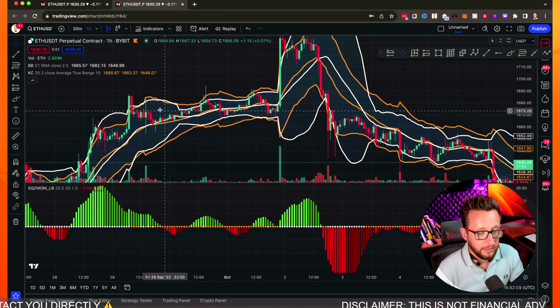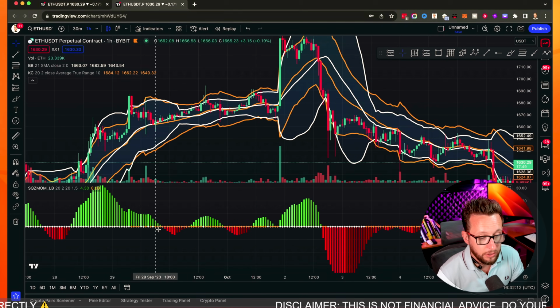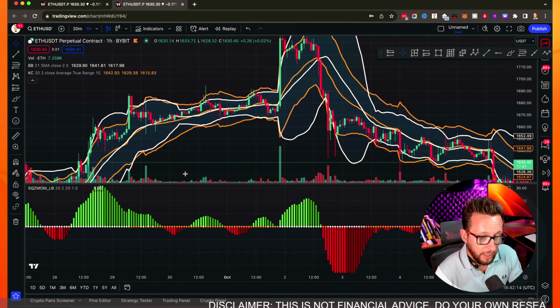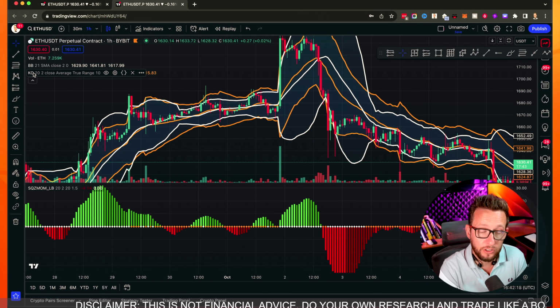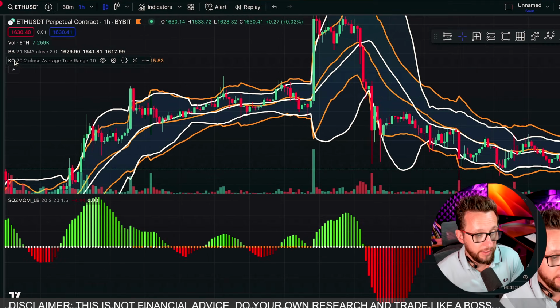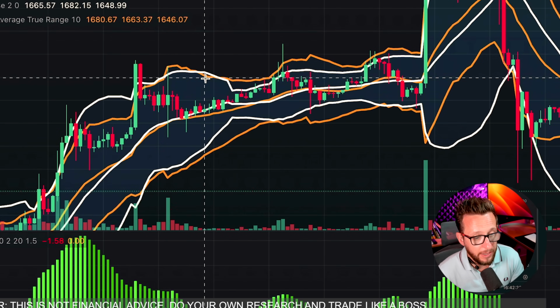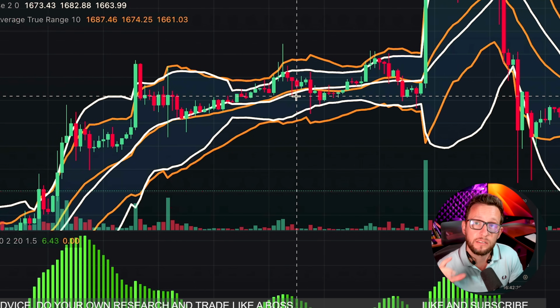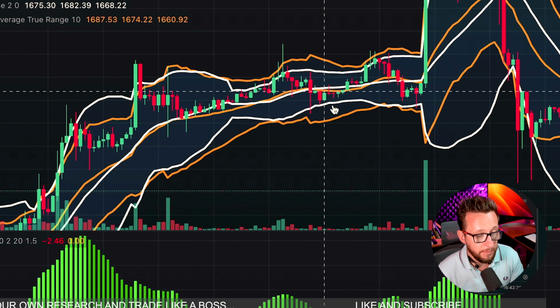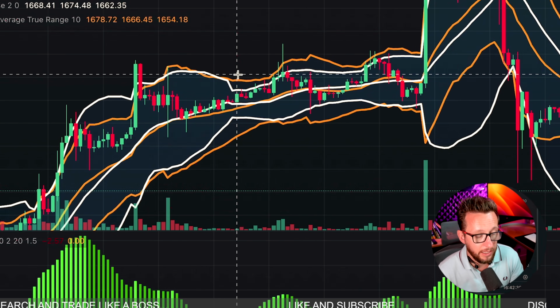To explain how these orange and white dots actually work, it's very, very simple. I've added 2 indicators, the Bollinger Bands and the Keltner channel, to our charts just here. The idea is when Bollinger Bands are reduced into an area of squeeze, a bit like a spring, we're squeezing the market into a consolidation area.